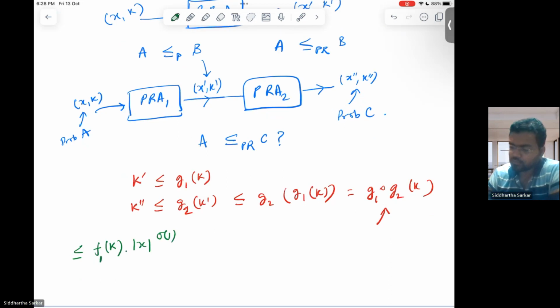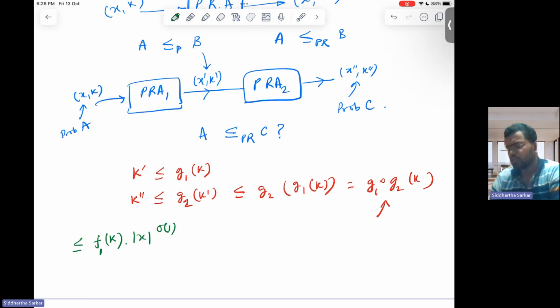Let us say the function is f1 for the first reduction.